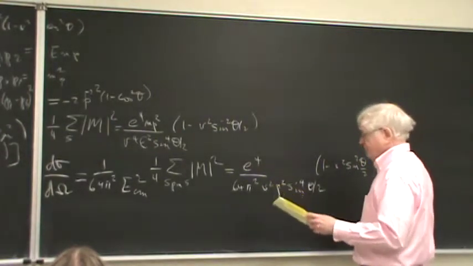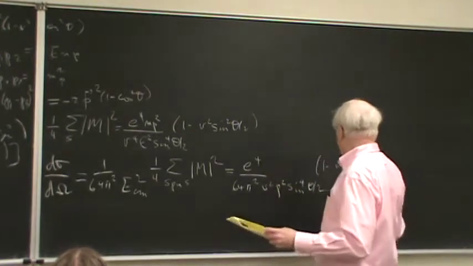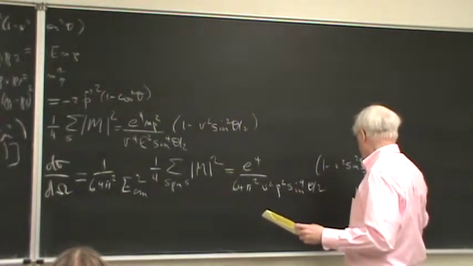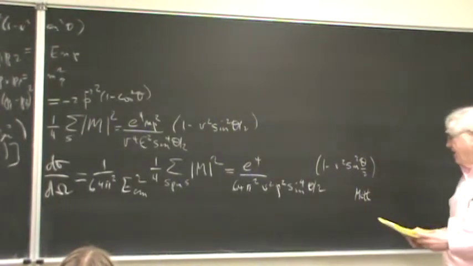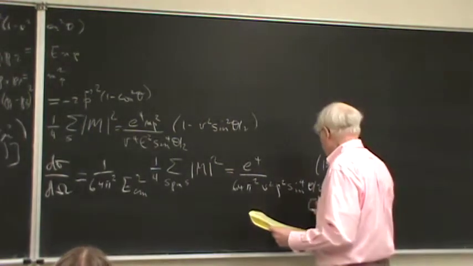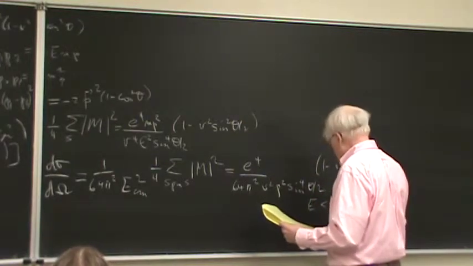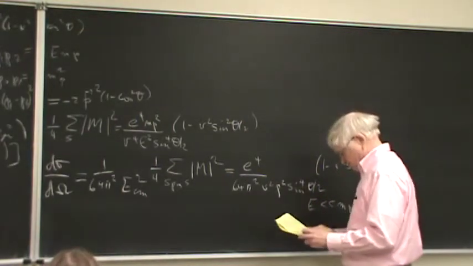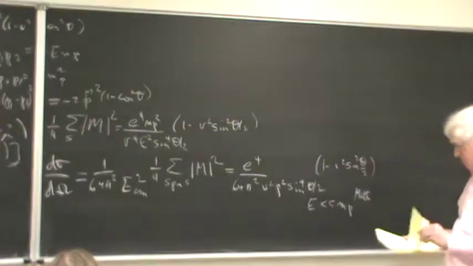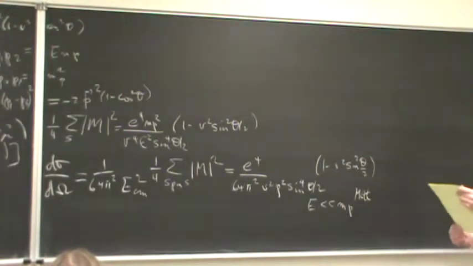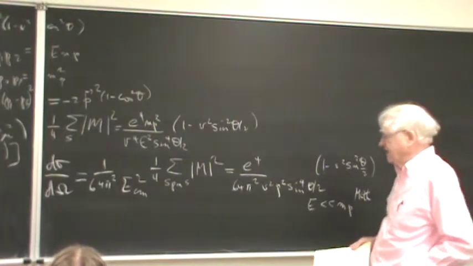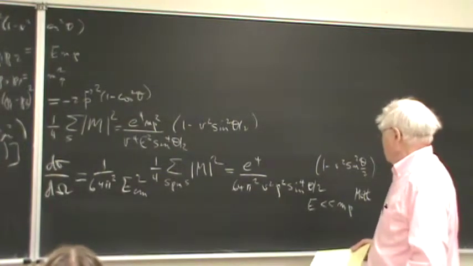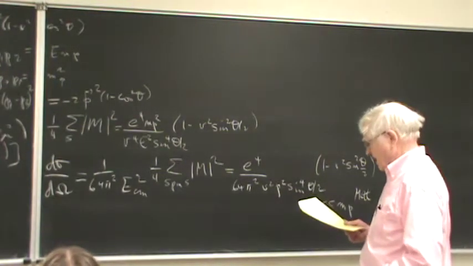And this is a cross-section that was written down by Mott, and again, it holds here for energy much less than the mass of the proton. So because we took the mass of the proton to infinity, we can't have the E comparable to that. So that was Mott's formula.